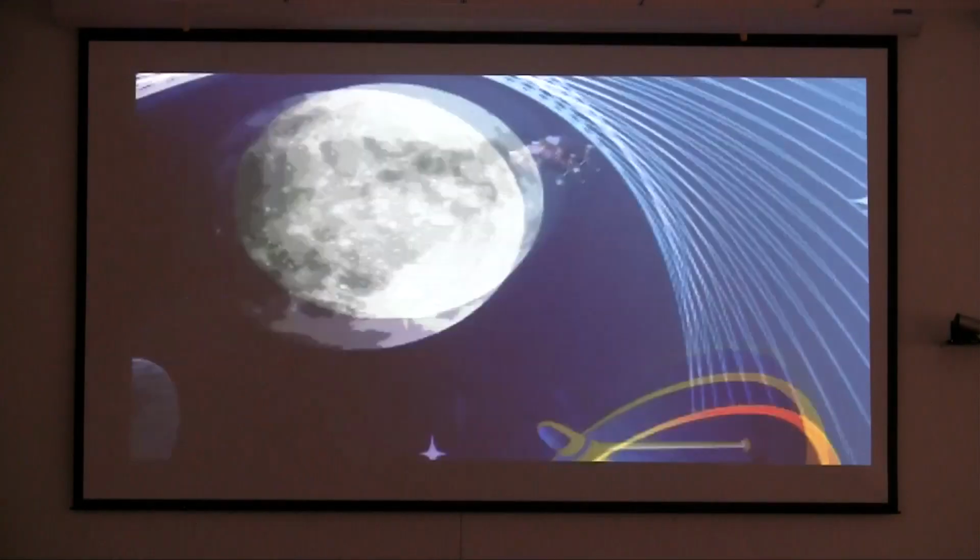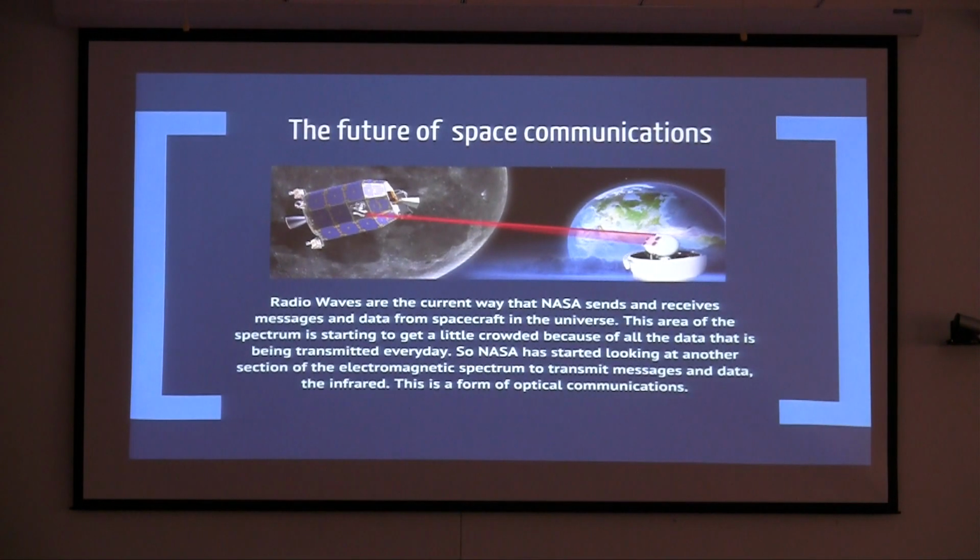All right, so now we know how the radio wave portion of space communications happens. But that portion of the electromagnetic spectrum is getting a little full. Most of our communications today, cell phone, GPS, space communications happens with radio waves.